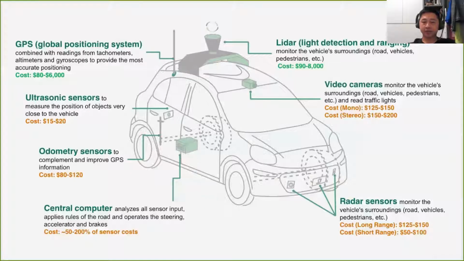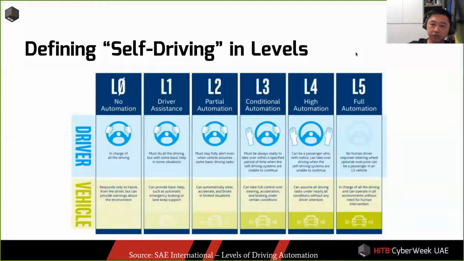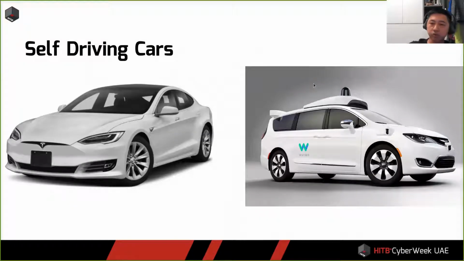And there are a lot of sensors in a self-driving car. Some you may be more familiar with, like GPS, ultrasonic, odometry or LiDAR. You may have heard about LiDAR because the latest iPhone 12 has a LiDAR. So we have all kinds of sensors in a self-driving car, including cameras. For example, Tesla relies heavily on cameras and other sensors, ultrasonic or radar, but they do not have LiDAR. Waymo, in comparison, is using LiDAR.